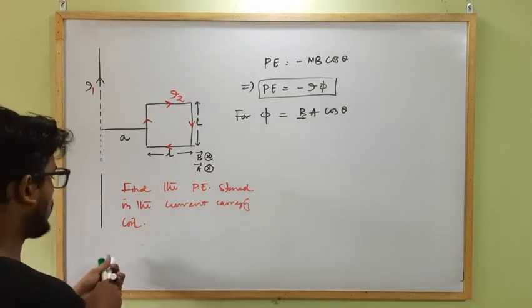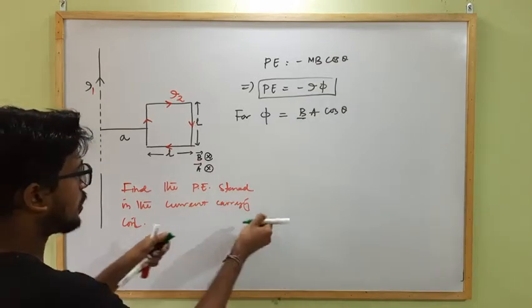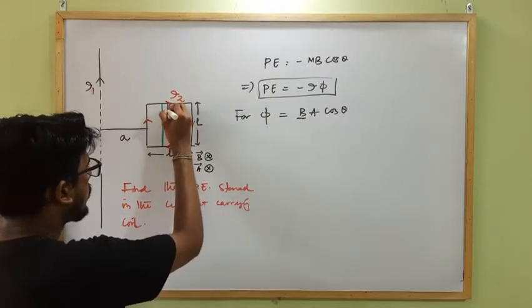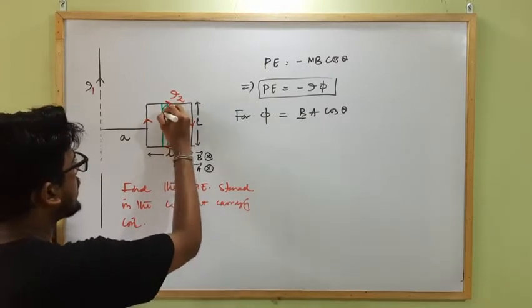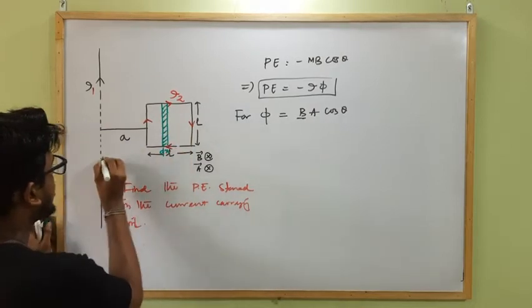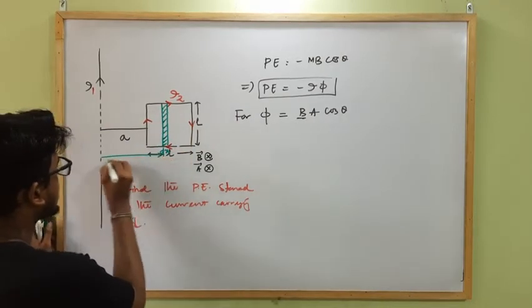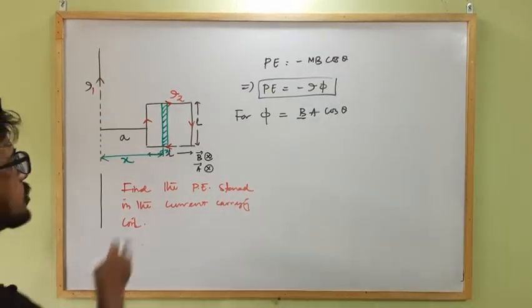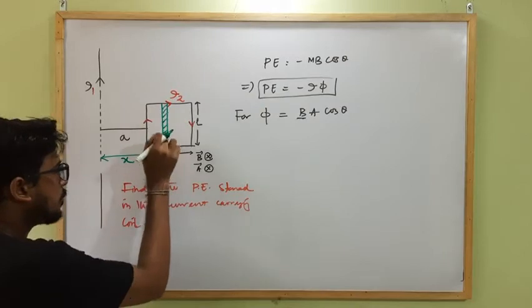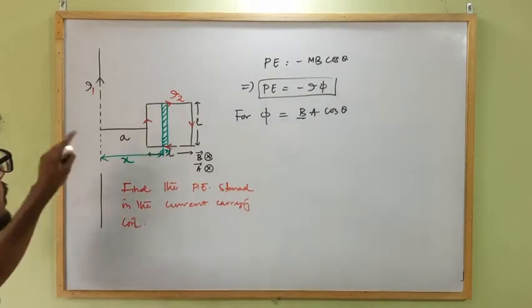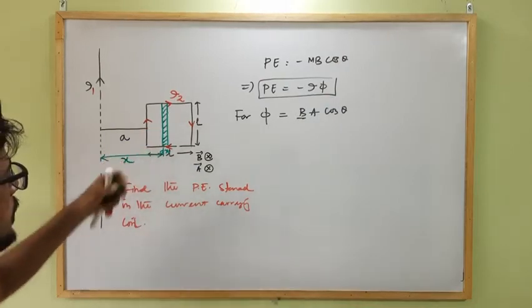But we have to calculate B here first. So for calculation of B, let's consider a small segment of width dx, which is at a perpendicular distance x from this long straight current carrying conductor. So for this strip, the magnetic field strength at each and every point on this strip will be the same, as the perpendicular distance for each point will be x.